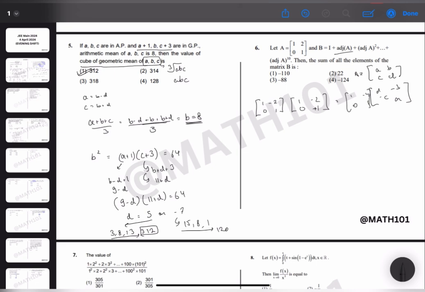Hence A cubed would be, and so on. So adjoint A to the power n is 1, 0, 1, minus 2n.